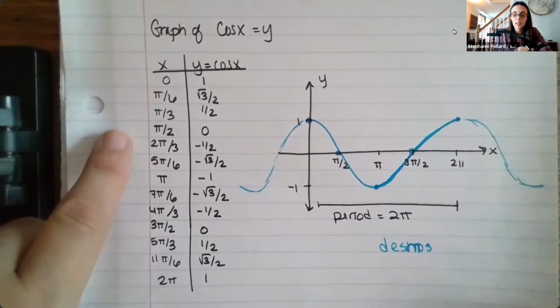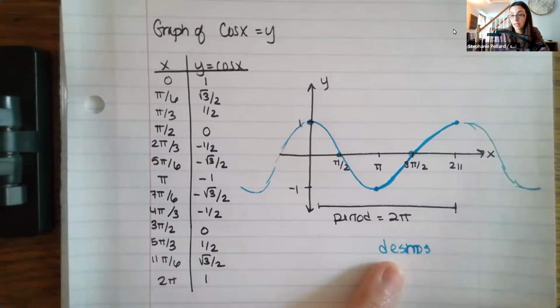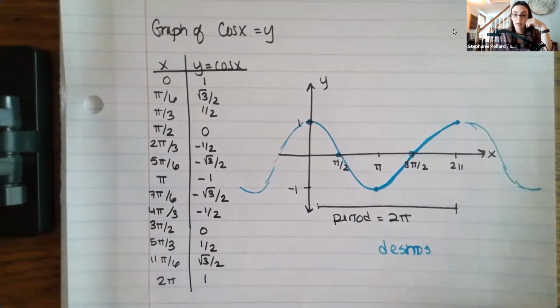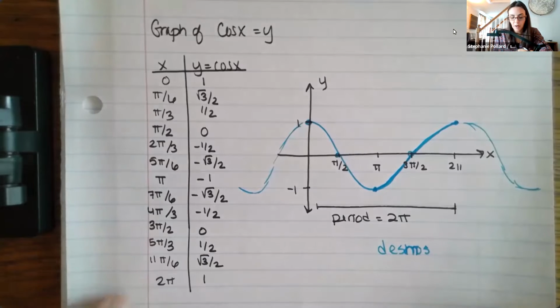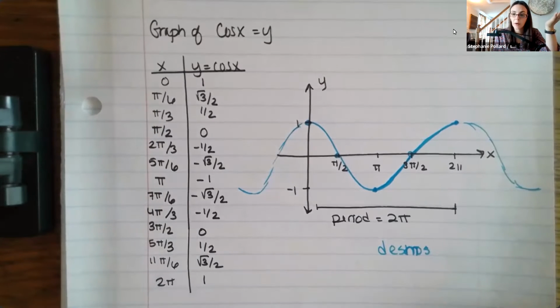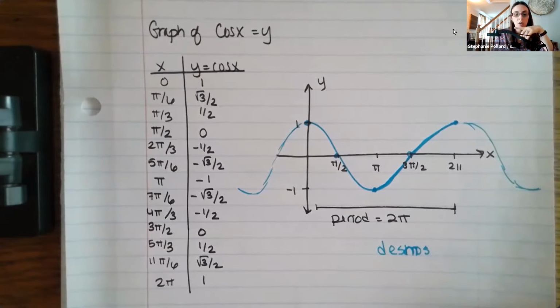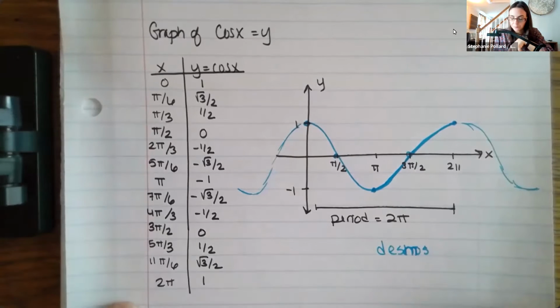And the period here is 2 pi. A little note too, if you ever forget, you can always use Desmos. It's a great tool to help you visualize that graph again. And what I have here are the key cosine values between 0 and 2 pi. That tends to be the first period that we look at a lot of times for our functions. So I have those values right here for you.